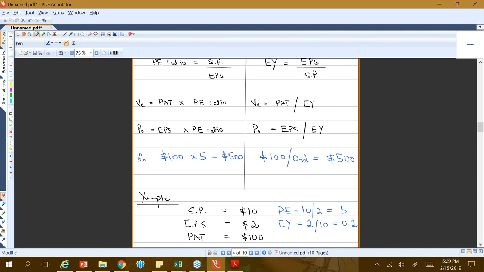If you're using a PE ratio, you always multiply with the profits. And if you're using the earnings yield ratio, you always divide with the profits to arrive at the value of the equity. So any more questions here on the equity valuation before we move on?